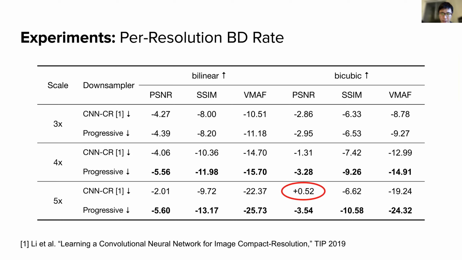As I circled here, we see one case where CNN-CR performed worse than Lanczos. This may be because we did not consider video encoding during training. So the model might produce something with slightly better PSNR, but also consumes much more bits. And our progressive model still outperforms Lanczos in this case.